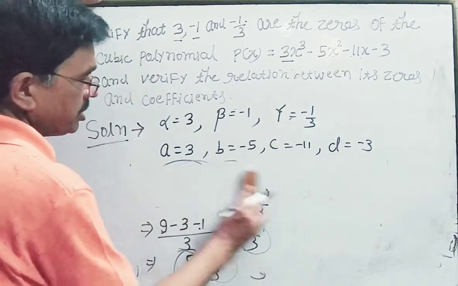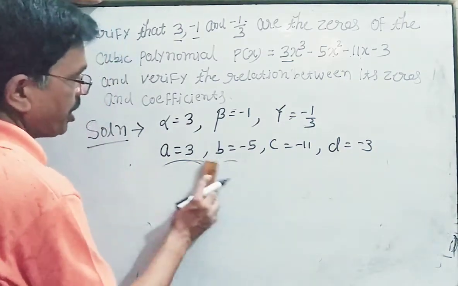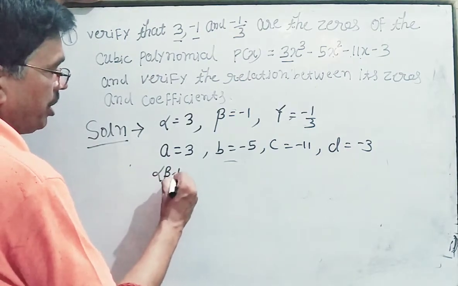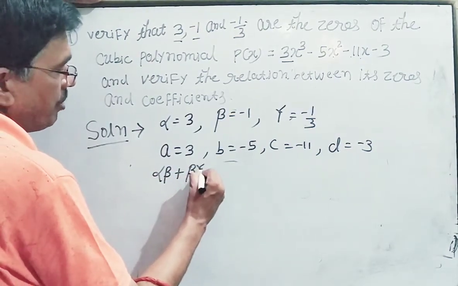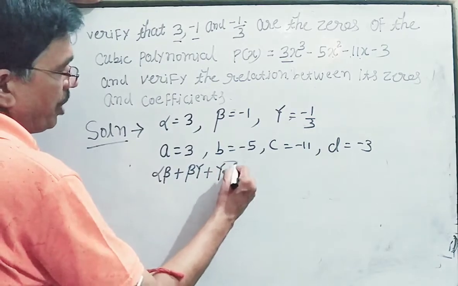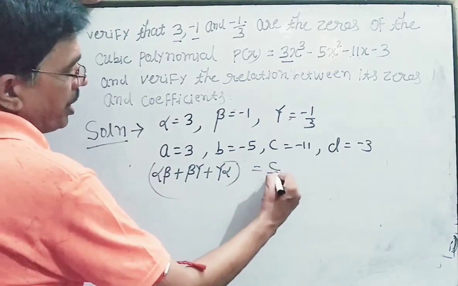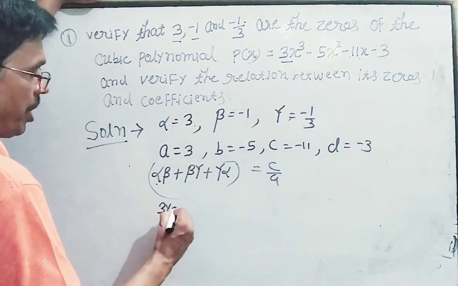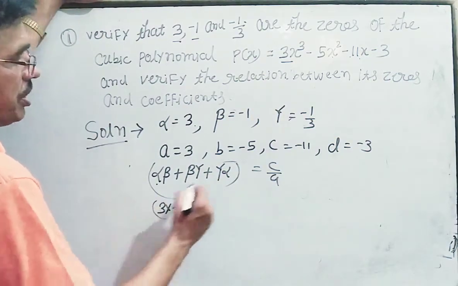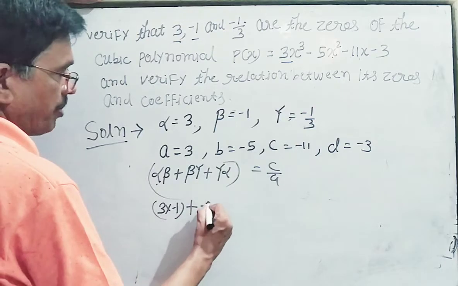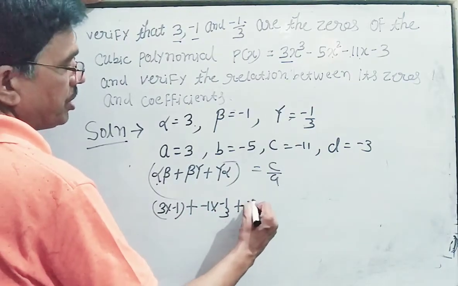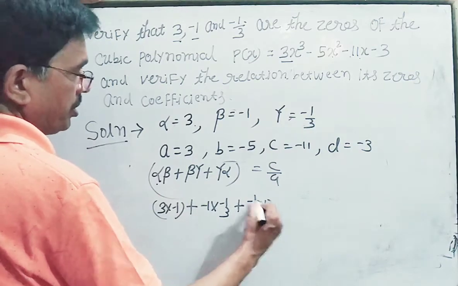Second relation is alpha into beta plus beta into gamma plus gamma into alpha is equal to C by A. What is alpha into beta? That is 3 into minus 1, plus beta into gamma, that is minus 1 into minus 1 by 3, plus gamma into alpha.